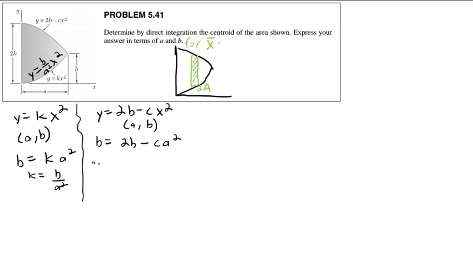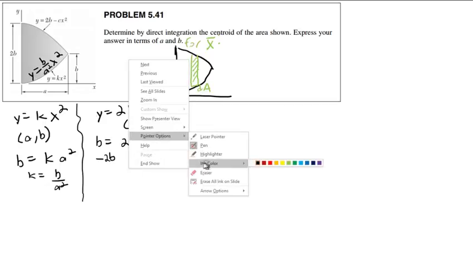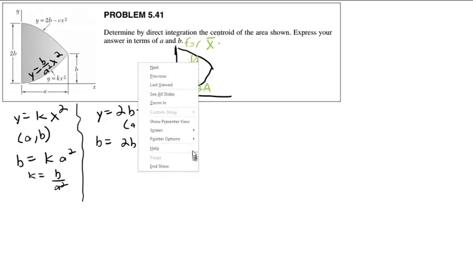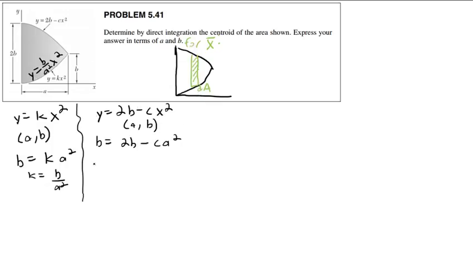So that will be negative b equals negative c a squared. B equals c a squared, and c equals b over a squared.